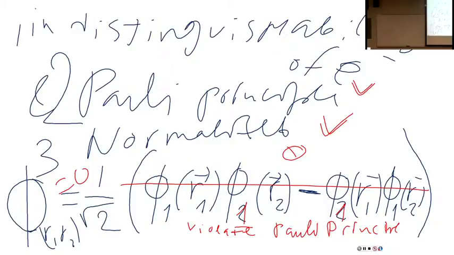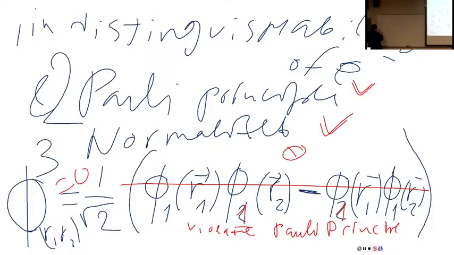So can we try to do a little mathematical experiment? Suppose that we already have orbitals, phi 1, phi 2, and we do want to compose our many electron orbital as a product of such orbitals.